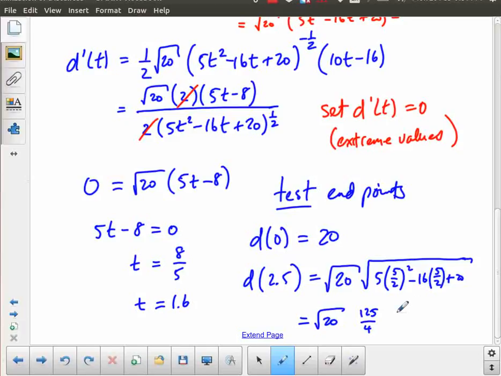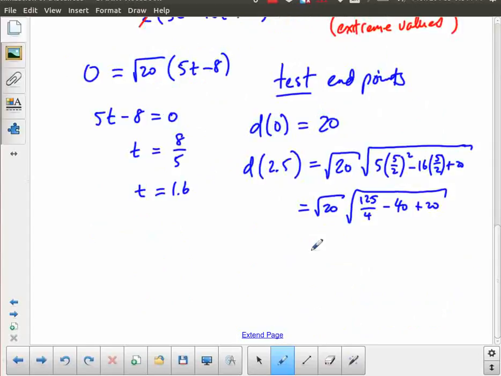So negative 8 times 5 is minus 40 plus 20. And that's all going to be square rooted. So we end up with the square root of 20. And now we have negative 40 plus 20 is minus 20. And so obviously it's not going to work out.